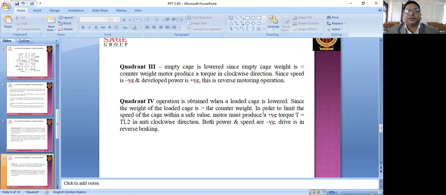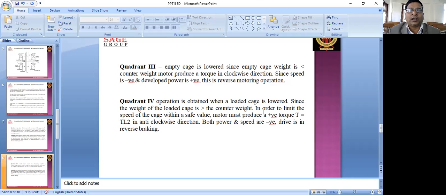In quadrant 3, the empty case is lowered, since the empty case weight is less than the counterweight. The motor produces torque in the clockwise direction, since speed is negative and developed power is positive. So this is the reverse motoring operation mode.